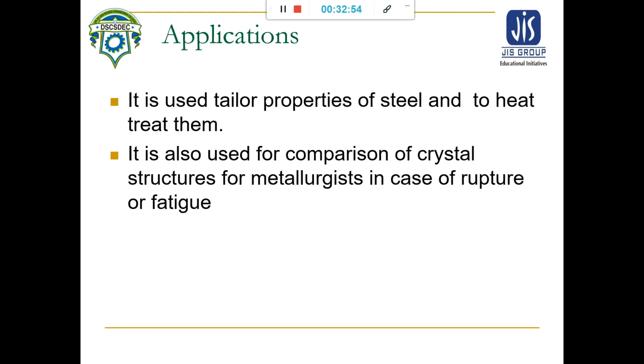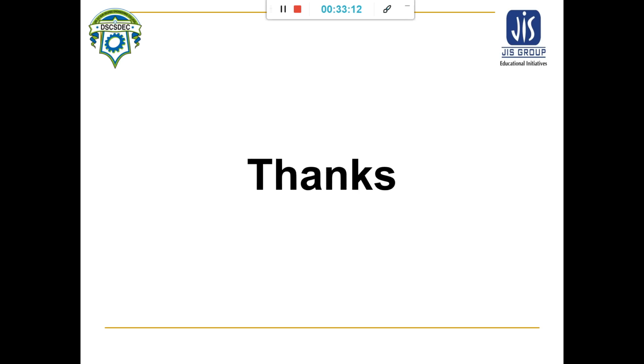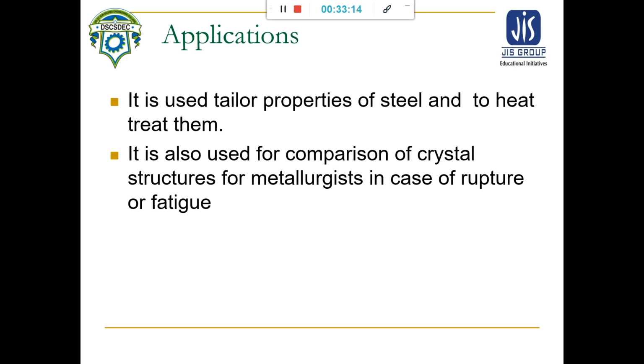And for the application, this iron carbon diagram is used to tailor properties of steel and to heat treat them. It is also used by metallurgists for comparison of crystal structures in cases of rupture and fatigue. So these are the applications of the iron carbon diagram.